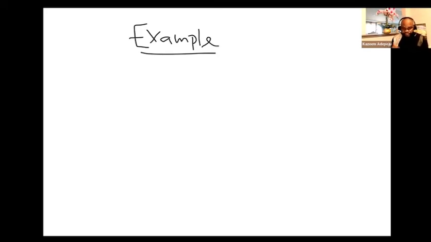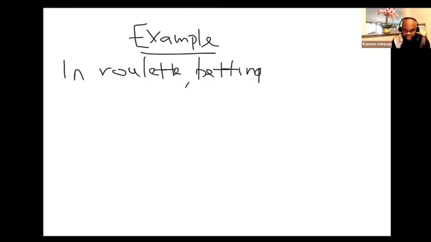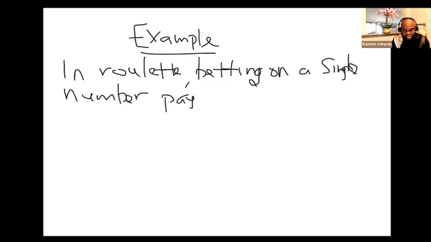Let's assume in roulette betting, those of you that are familiar with the betting game, betting on a single number pays 35 to 1.